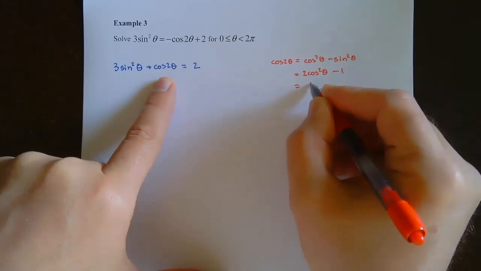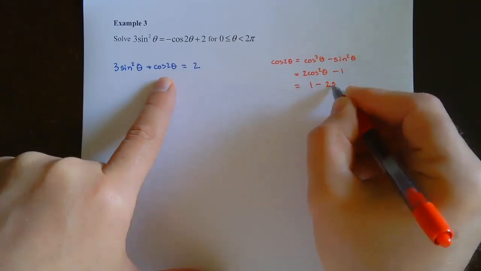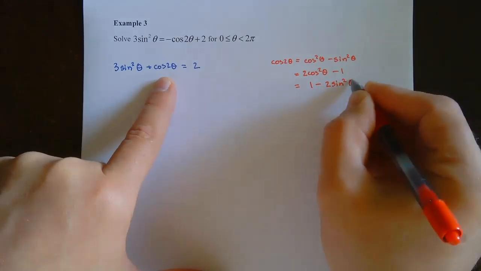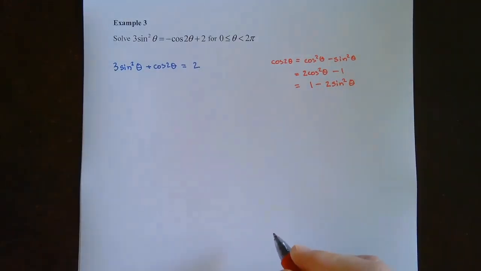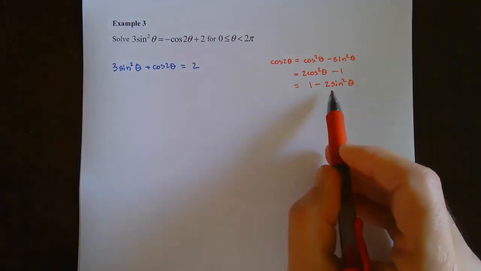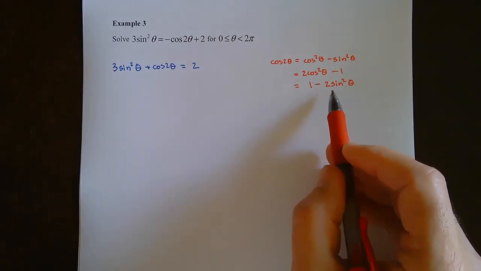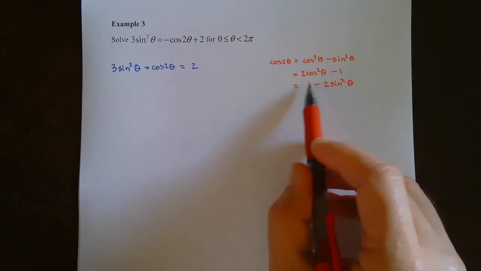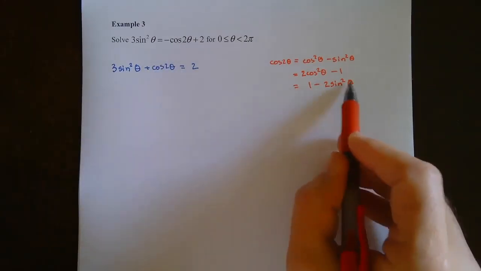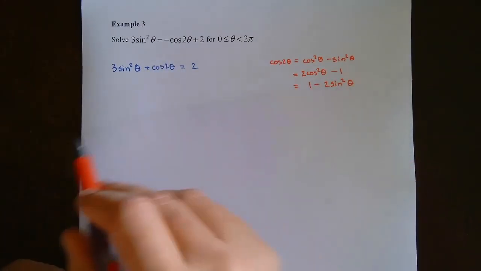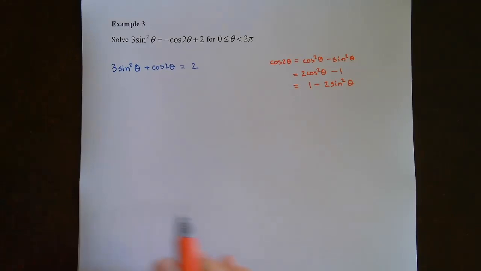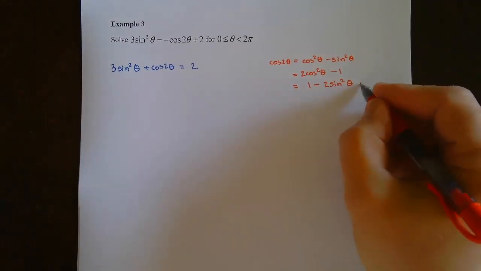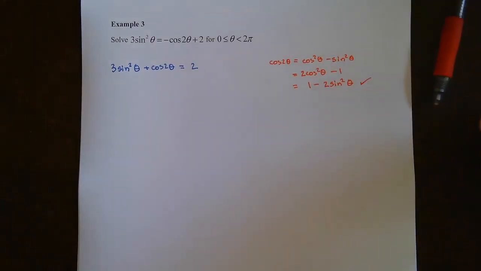And it's also equal to 1 minus 2 sine squared theta. Okay. Now, this is the one that deals with sines, right? And it's the only one that deals with just sines. If we make this become this, we're going to have an equation now that only has sine in it. So this is the one that we want to choose and use.